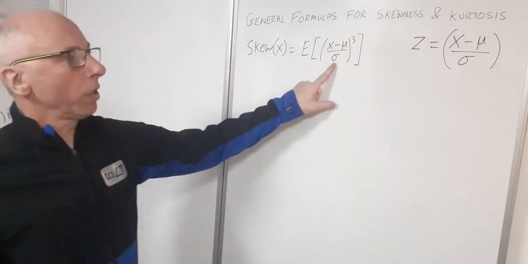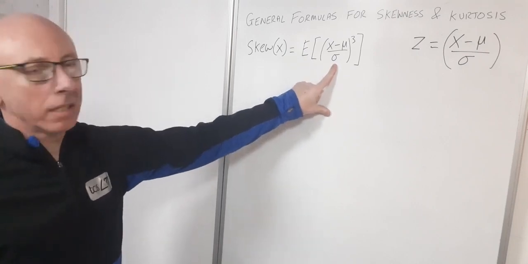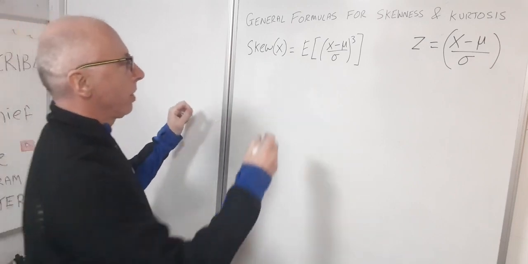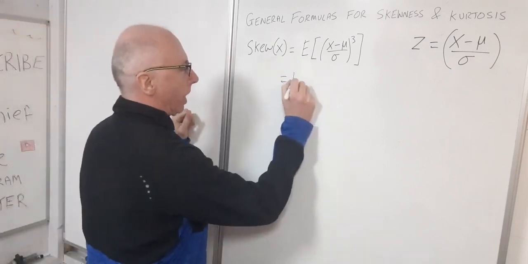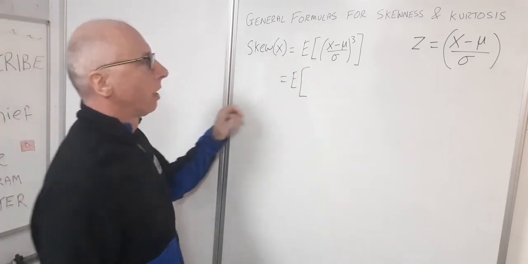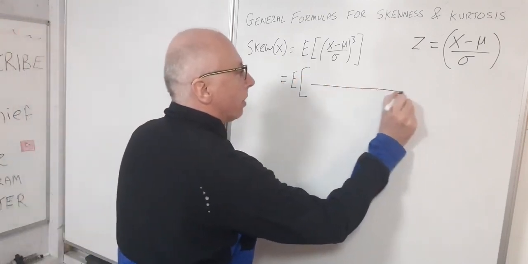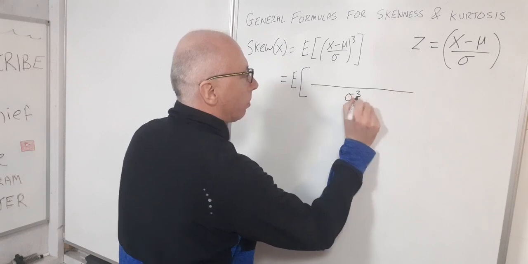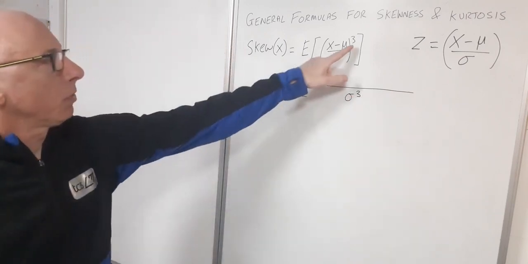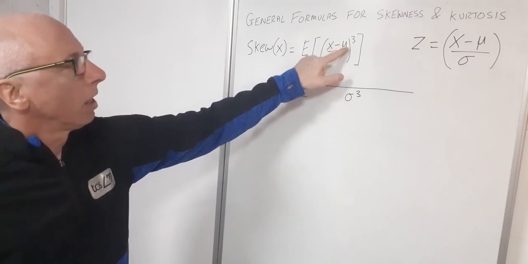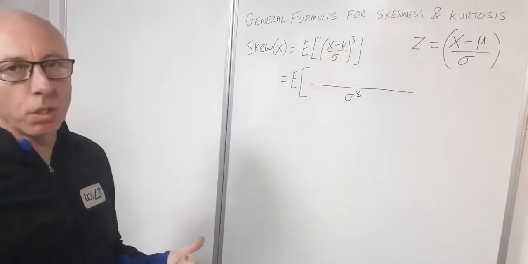So first thing we need to do here is to expand this score function cubed. So let's go with that on this next line. So now we want the expectation. Now let's cube this. Our denominator will leave the standard deviation cubed. Obviously if we're cubing this, that's not going to change. And now we need to expand our numerator when it's cubed.